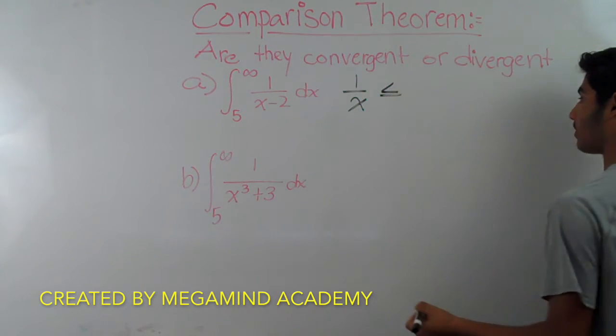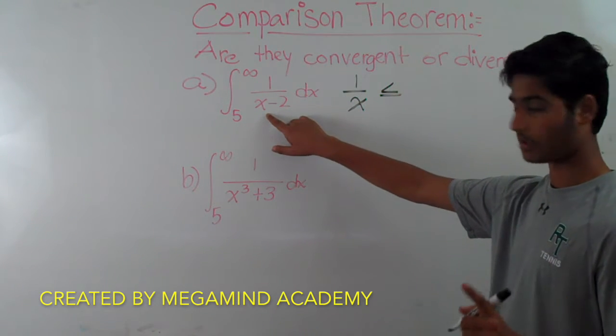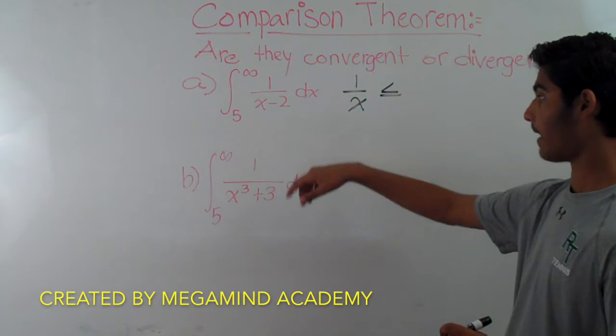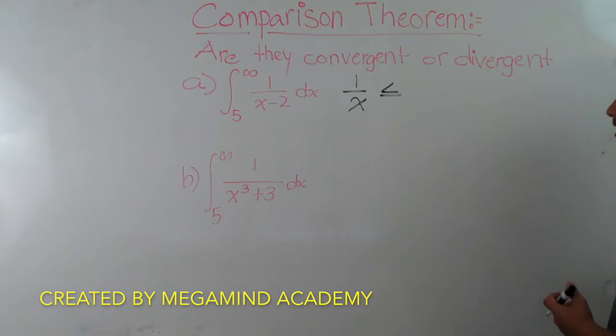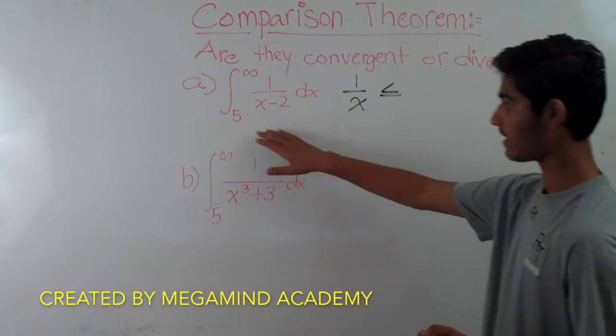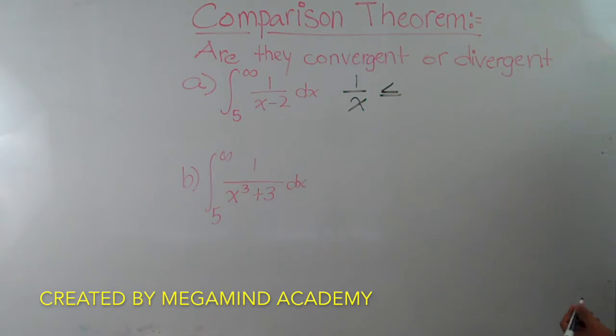is less than or equal to, and this is for values where the denominator is positive. So this is basically for values that are greater than 2. As you can see, our integral is from 5 to infinity, so all those values are greater than 2.